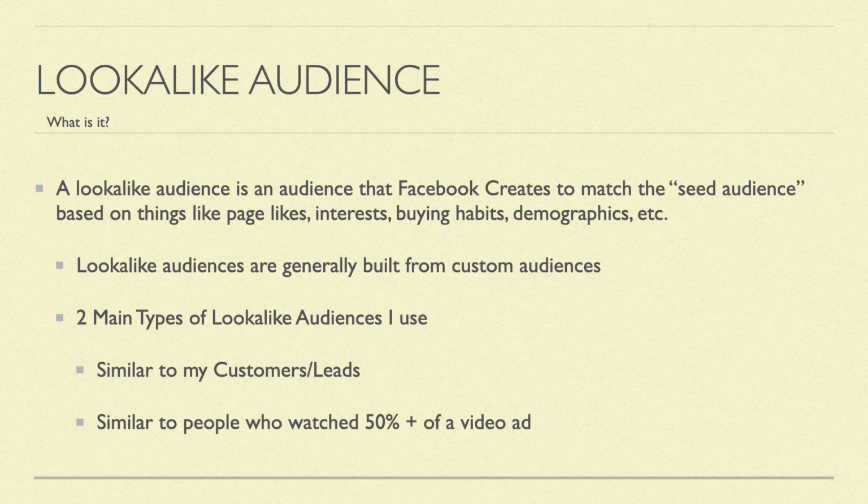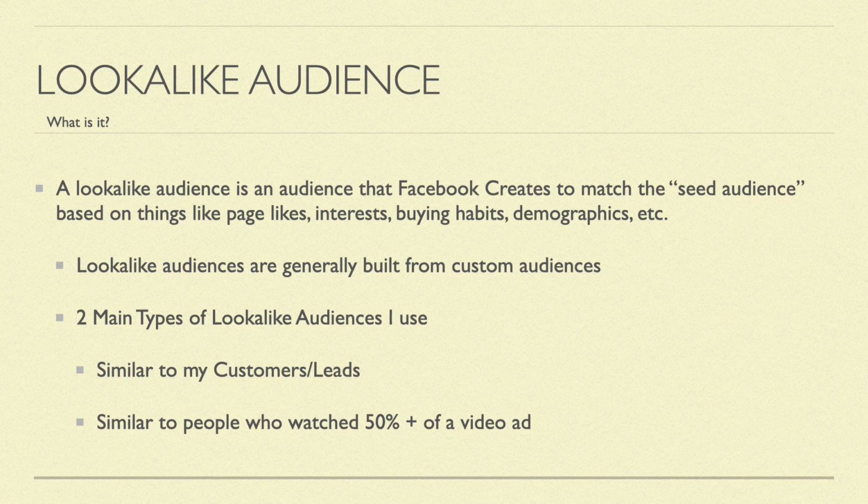So if I wait and continue to run ads that aren't profitable until I get enough buyers to create a lookalike audience, I might have to go pretty far in the hole. But if instead I start targeting people early on who've watched 50% of my video ad and then serve that lookalike audience the same video ad, I might be able to optimize my ads more quickly.